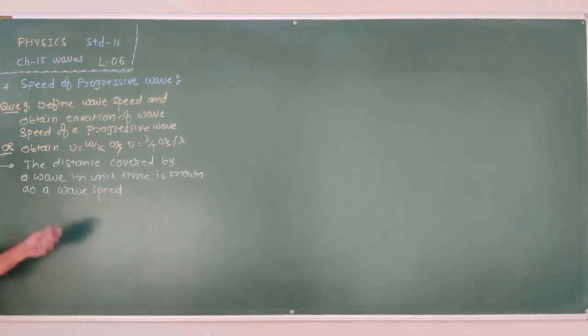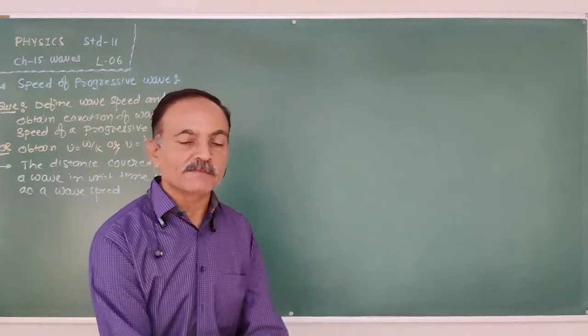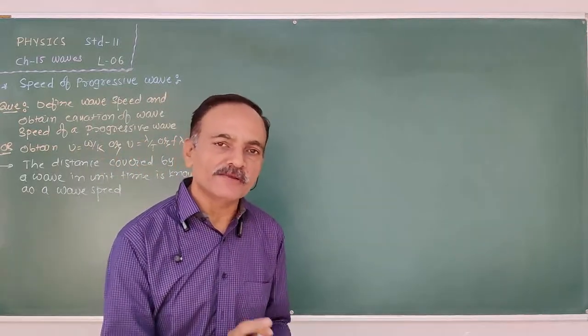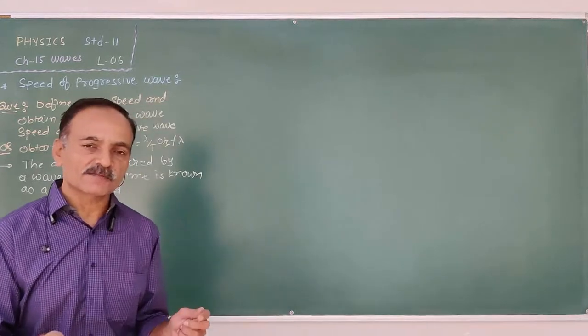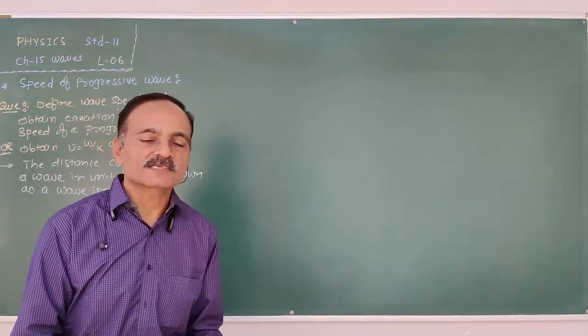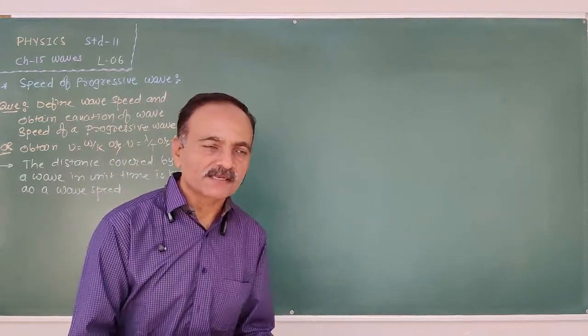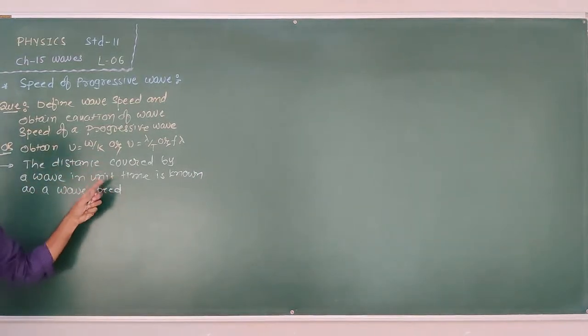There is a progressive wave, that means the wave is propagating in a particular direction. How much distance is covered by the wave in unit time? That is known as the wave speed. The definition is the same as the definition of speed: the distance traveled in unit time.